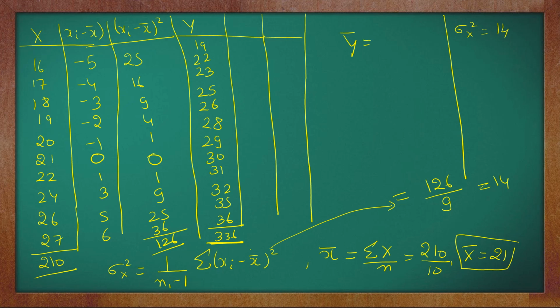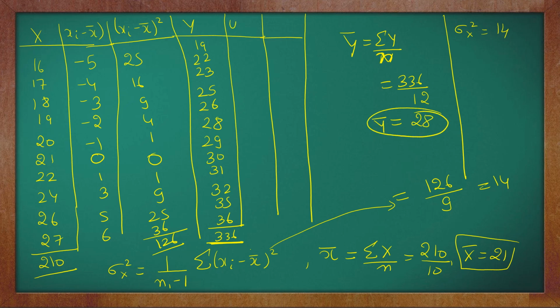Y bar. How to calculate y bar? Summation y upon n. So individual series. This is 336 and 1, 2, 3, 4, 5, 6, 7, 8, 9, 10, 11, 12. So y bar when you are solving, you will get y bar as 28. So this is your y bar value.